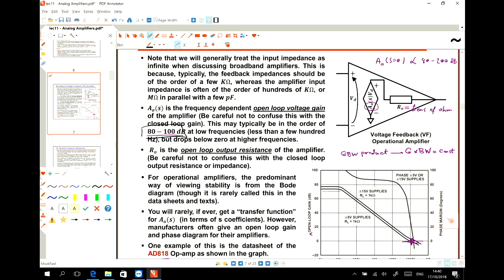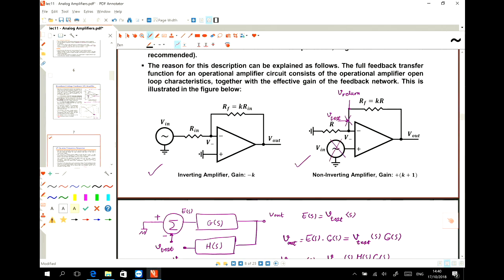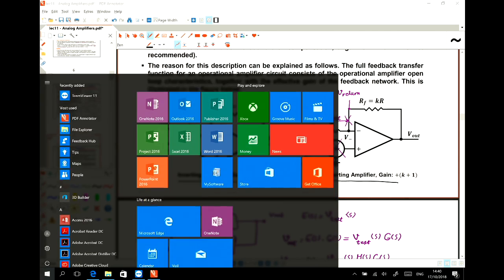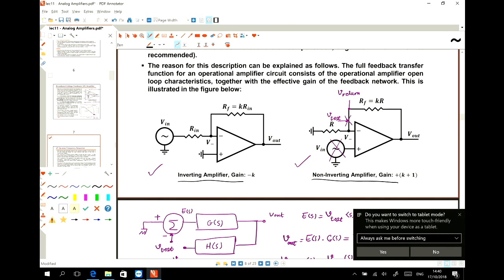Based on this amplifier, if we look at the conventional method for designing an amplifier based on the voltage feedback amplifier, you can see that we have two types of circuits, the inverting and non-inverting. They are almost similar.